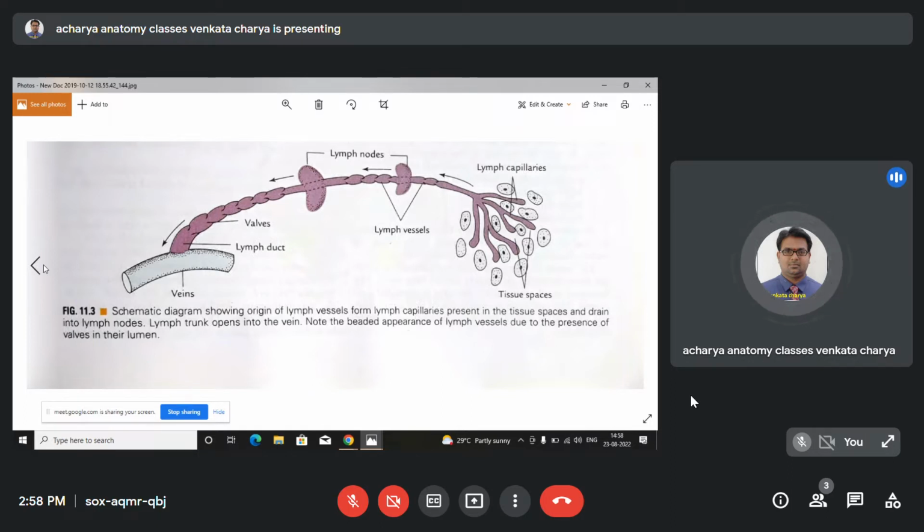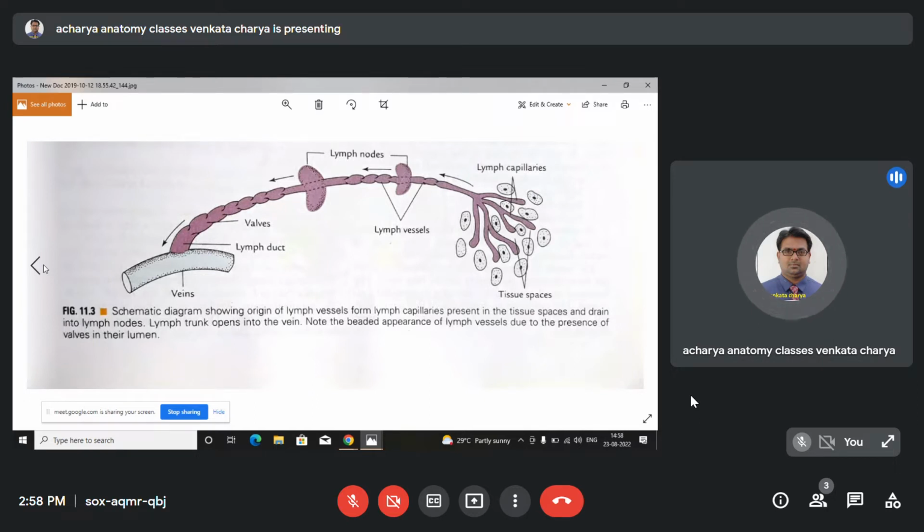Finally, this lymphatic duct opens into the veins, in the venous angle, so this lymphatic fluid finally drains into the venous blood. Are you getting it? Whenever we collect the venous blood, the white blood cells are classified into mainly two: granulocytes and agranulocytes.